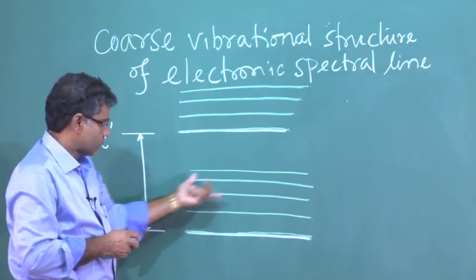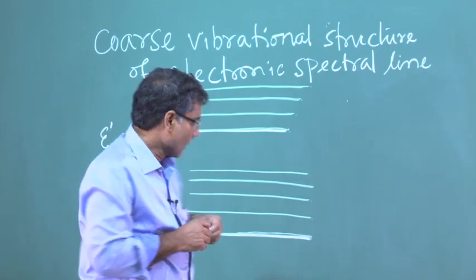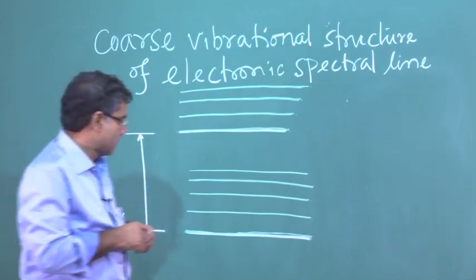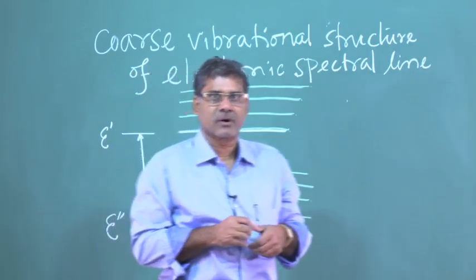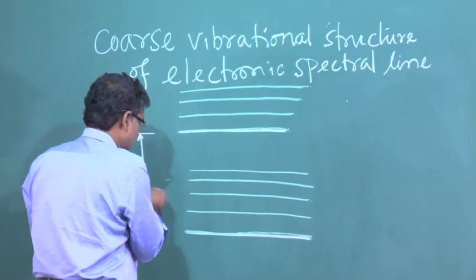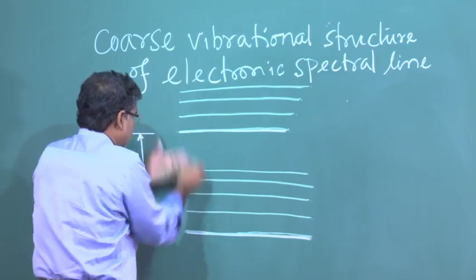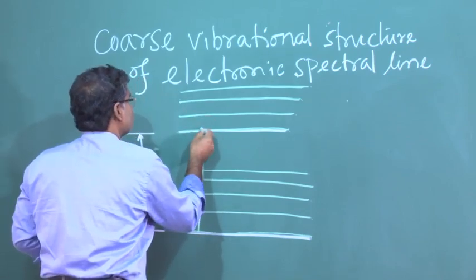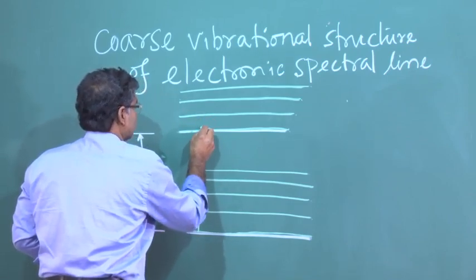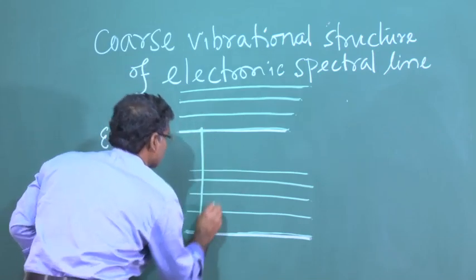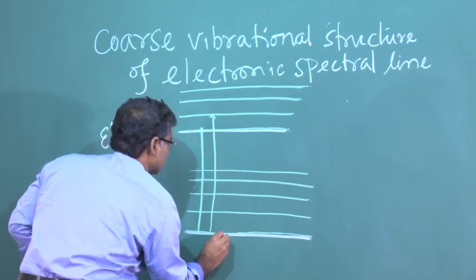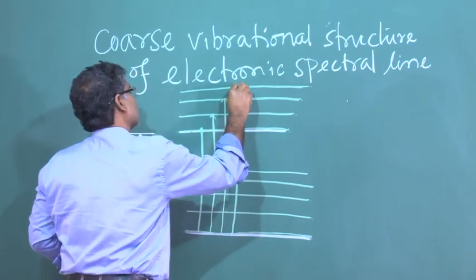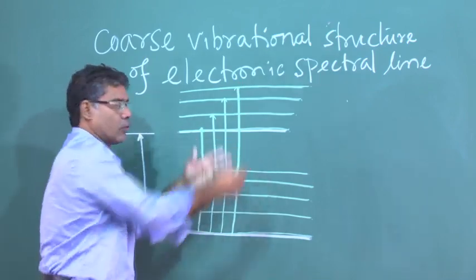So, now following the selection rule, del v equal to 0, plus minus 1, plus minus 2, etc., the single line becomes a group of lines.